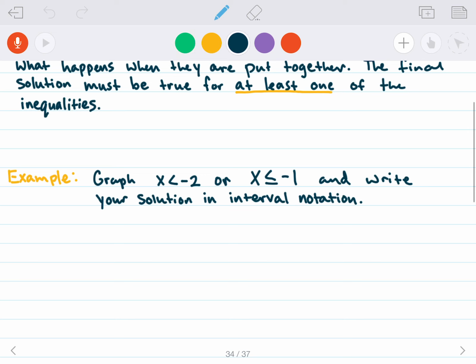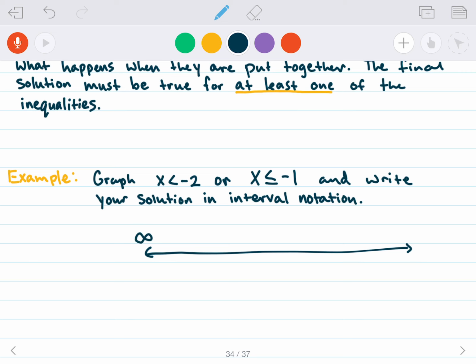So we want to graph x is less than negative 2 or x is less than or equal to negative 1. So we're not looking at the overlap here. We're just looking at these two sets being joined together, basically.